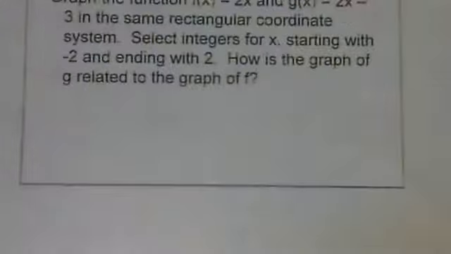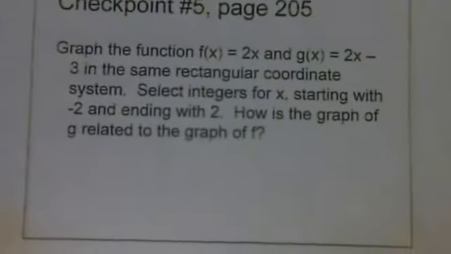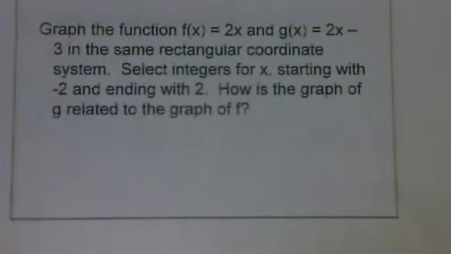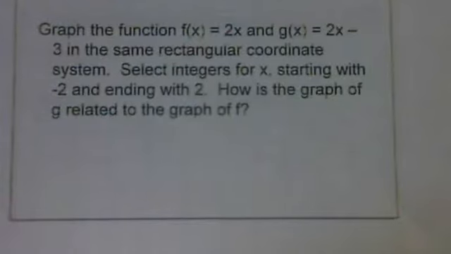In this particular problem, we want to graph the function f of x is equal to 2x and g of x, which is equal to 2x minus 3, in the same rectangular coordinate system. And we want to select integers for x starting with negative 2 and ending with 2. And we want to find out how the graph of g is related to the graph of f.